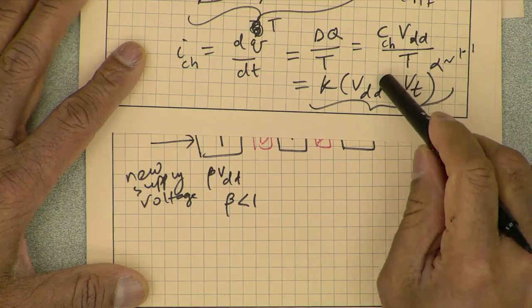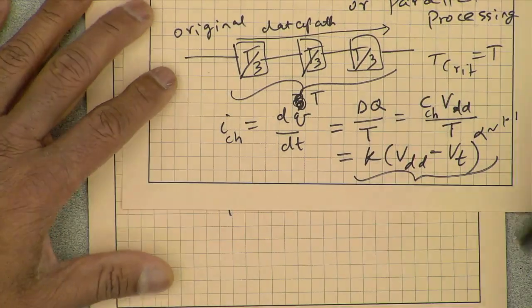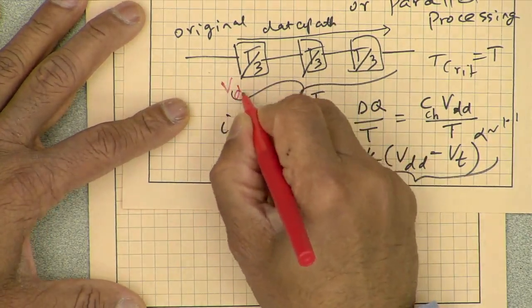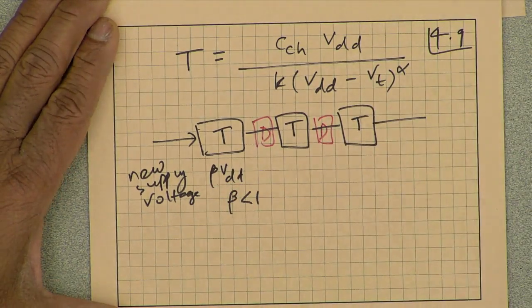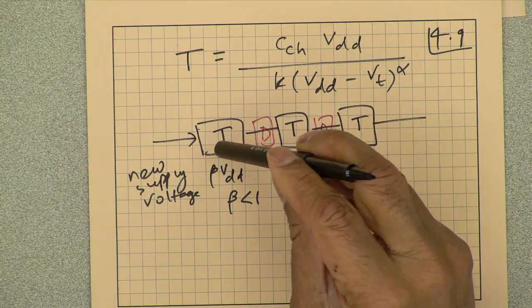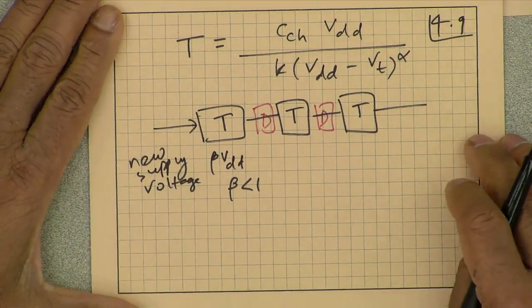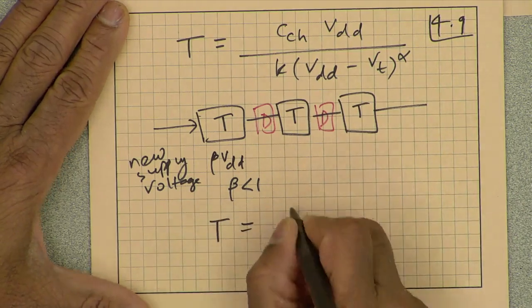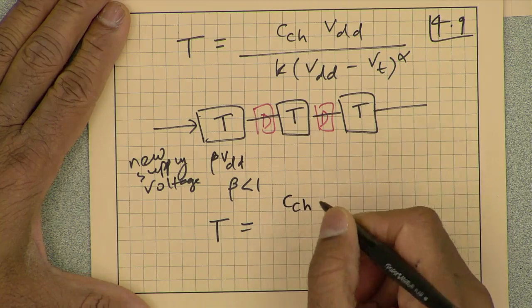I could have achieved a critical path of t by 3 with supply voltage VDD, and instead I want to reduce the supply voltage to beta VDD and maintain the same clock period t.